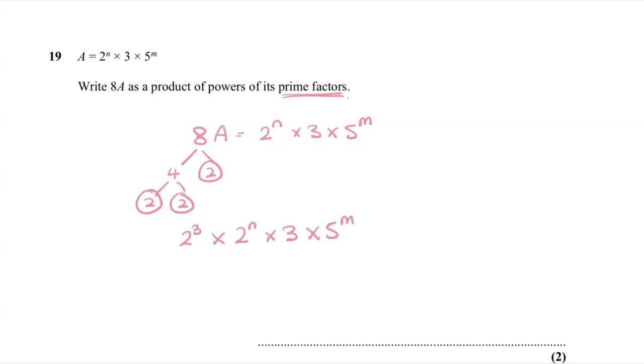Now, when you have got the same base number, you can use your power rule. And when it's a times question, you add. So what you end up here with is 2 to the n plus 3 times 3 times 5 to the m.